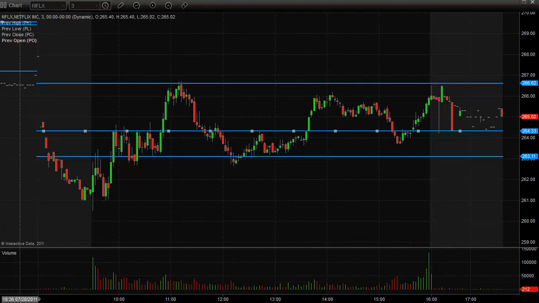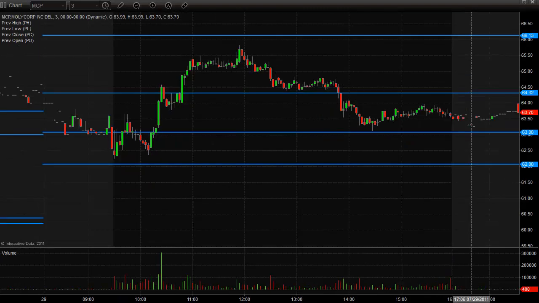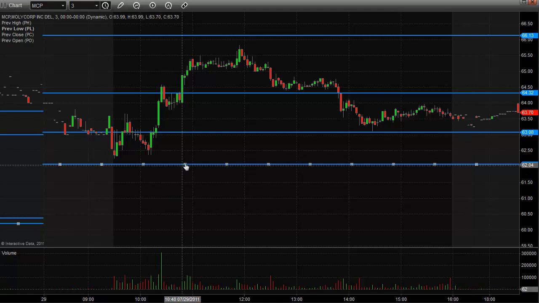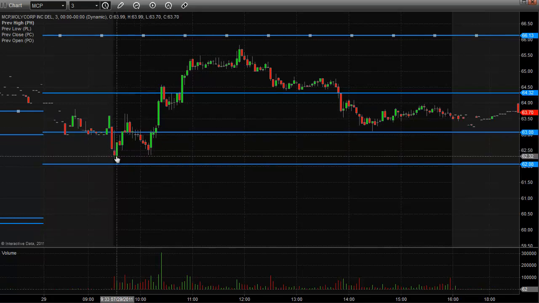Let's look at another chart. Here we have Molycorp, symbol MCP, a 3-minute chart. We have yesterday's low again, yesterday's open, close, and yesterday's high. You can see Molycorp opened right in this area here and came down, and we got a bounce off of yesterday's low.